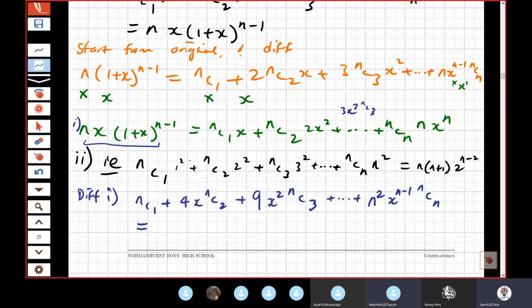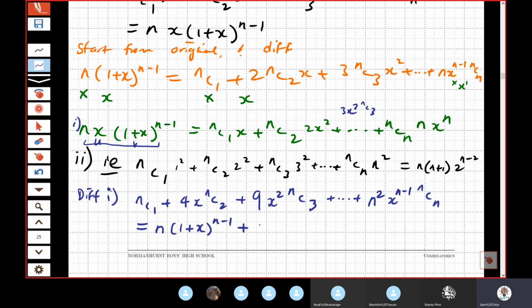Is this product rule? Why? Because the x is in front as well. Yeah, I always said if it's multiplied by 2 x's, product rule. So equals u dash, the derivative of nx, is n, v, plus v dash u.